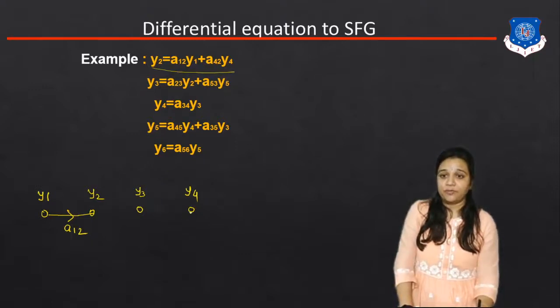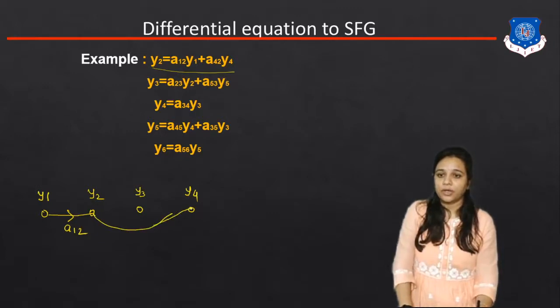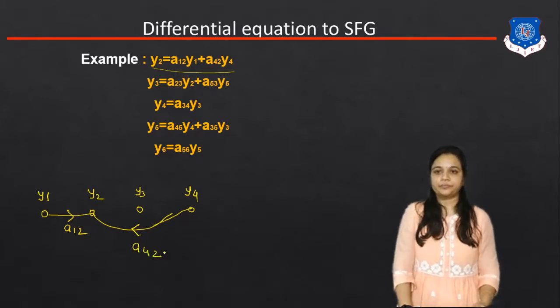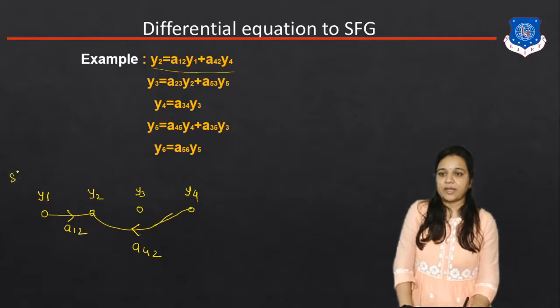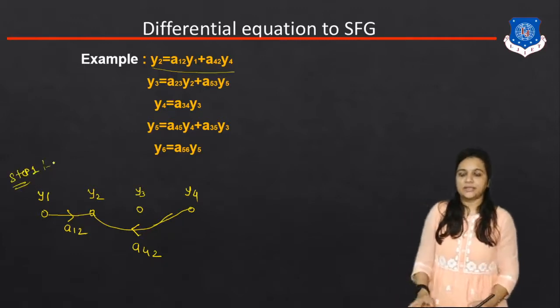The arrow direction is like that, and the gain will be a42. Clear? So this is step number 1 for the differential equation.